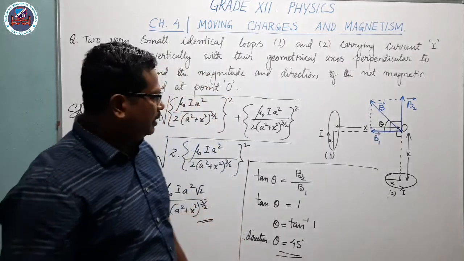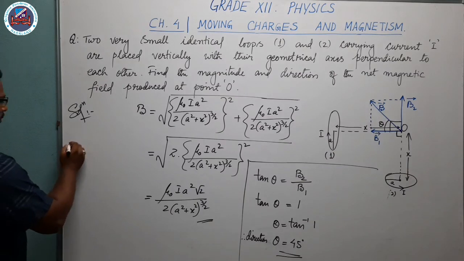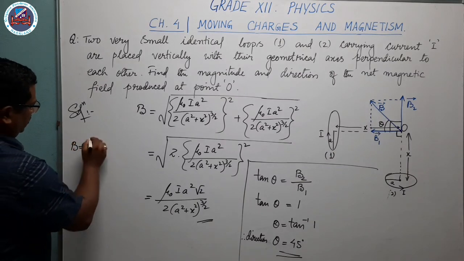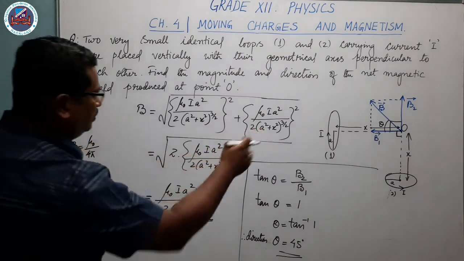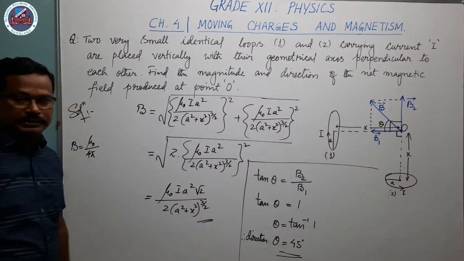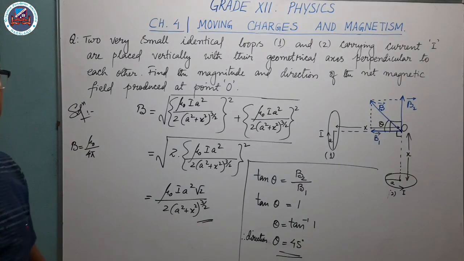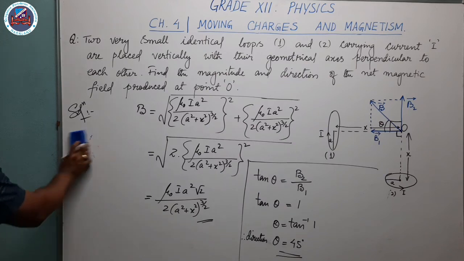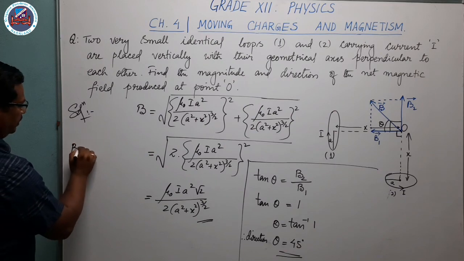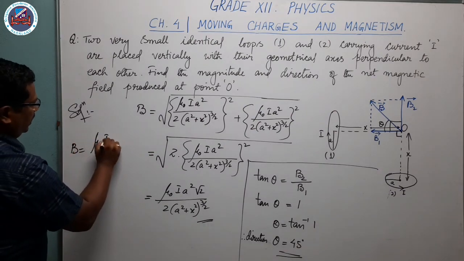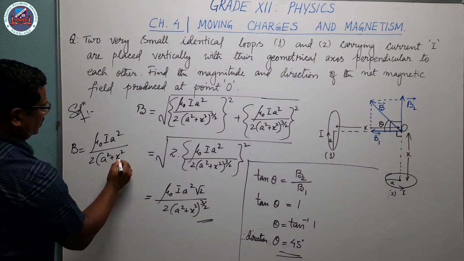One very important thing I want to tell you is, for a circular coil, whenever you find out the magnetic field B, you get the expression like this: mu naught I a square by 2 times a square plus x square, or sometimes r square.